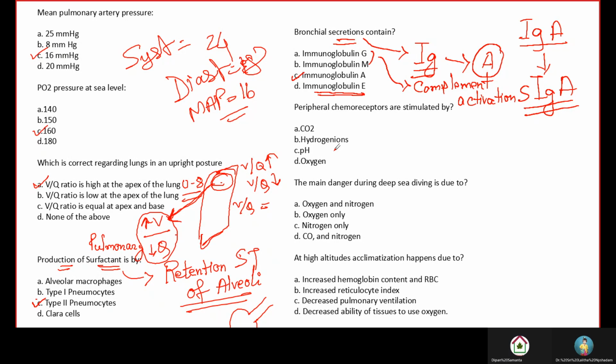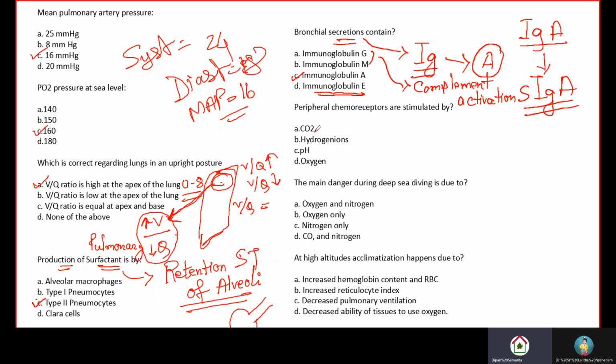Okay, so first of all, carbon dioxide or hydrogen ion, they act directly on the respiratory center. Oxygen, in contrast, does not have significant direct effect on the respiratory center of the brain in controlling respiration.